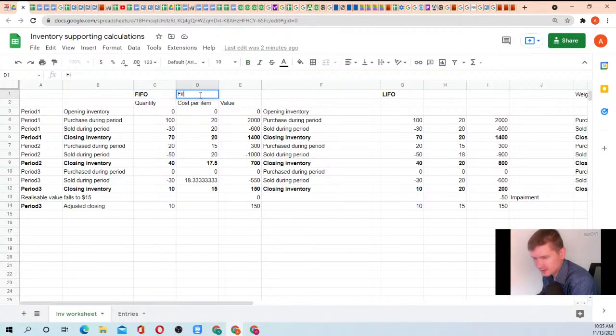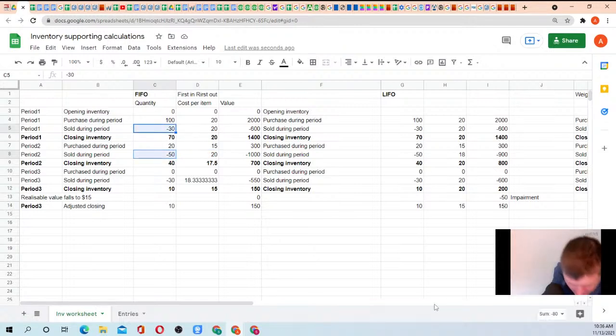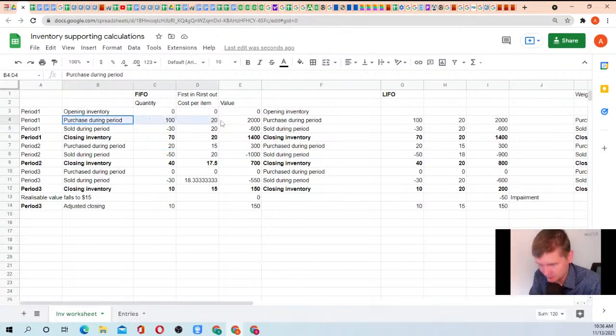Let me add it here. In first in, first out method, we assume that we first sell the items of inventory which we first bought. So because we only sold 80 items, they fit in our first 100 items.